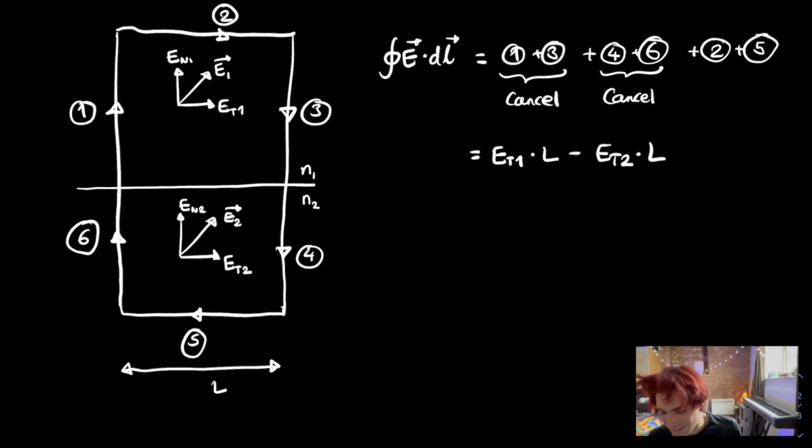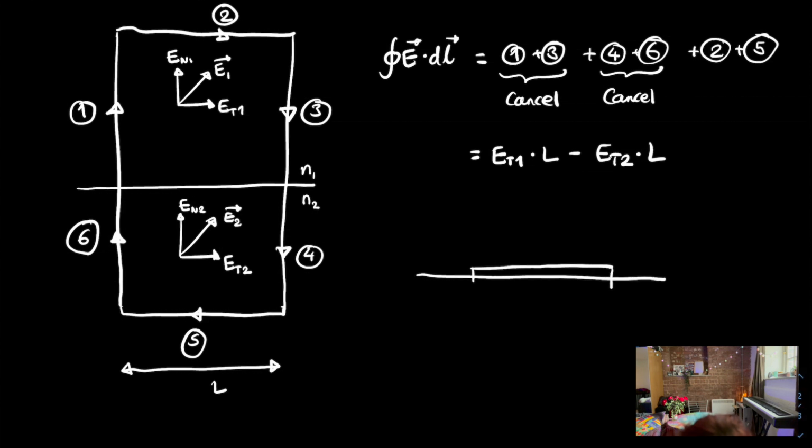Now we're going to do the exact same trick yet again, and we are going to shrink our loop essentially along the vertical axis, or the normal axis, so that we have a loop that literally, again, just straddles the boundary right here. So we have a loop that goes around here, but it's now been shrunk.